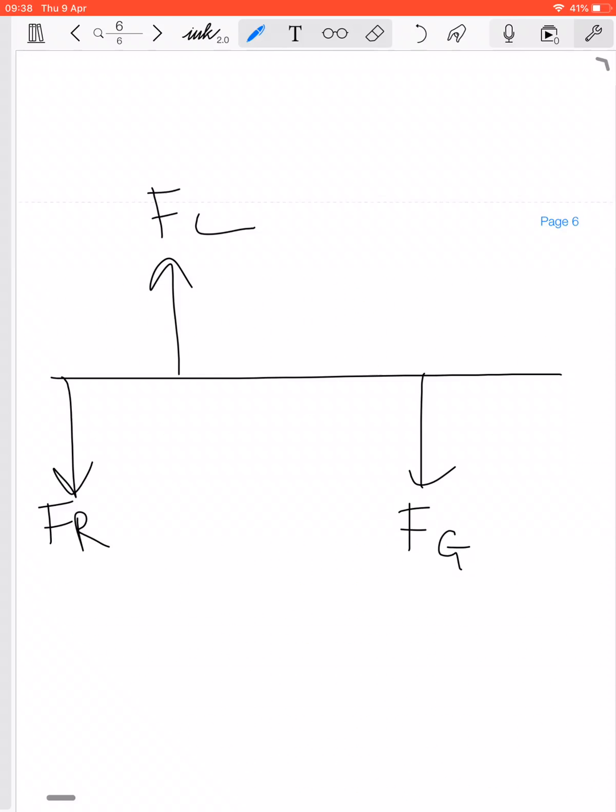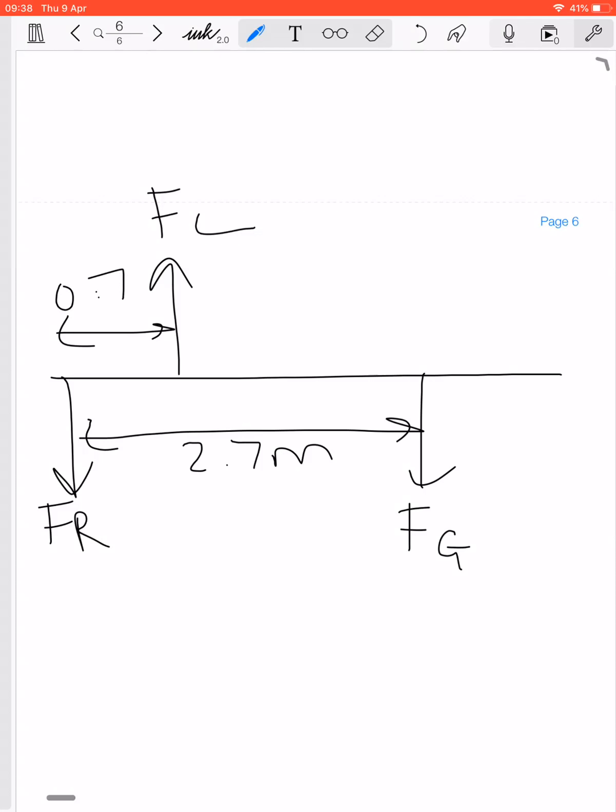They've told you the distance between these two is 2.7 meters. They told you the distance between these two is 0.7. And they have also told you that FG is 98 kilos, so 98 newtons. Right, so that's the information they've given us.